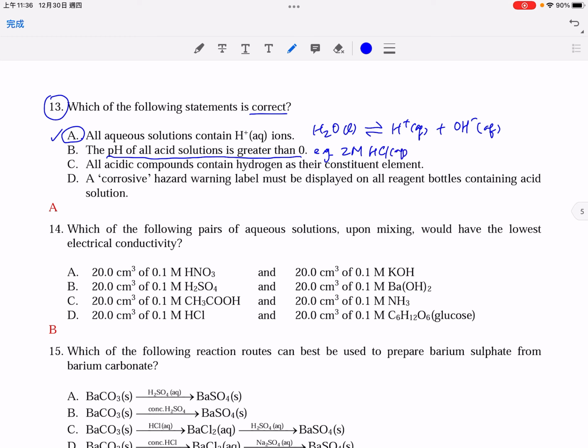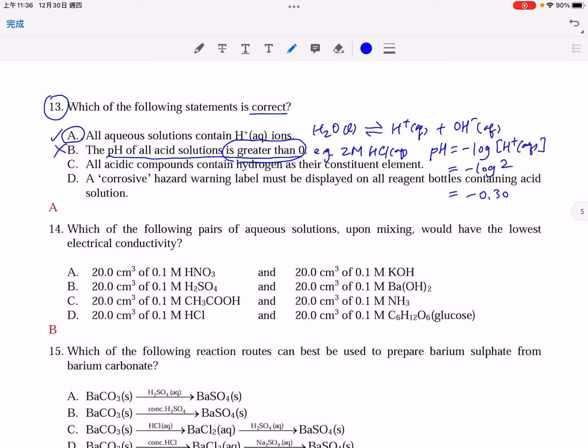Then, based on what you learn for pH, which is the negative logarithm of the hydrogen ion concentration, in that case, that is negative log 2. Then you will get the pH being negative. So pH value of all acid solution may be negative. So this is incorrect.